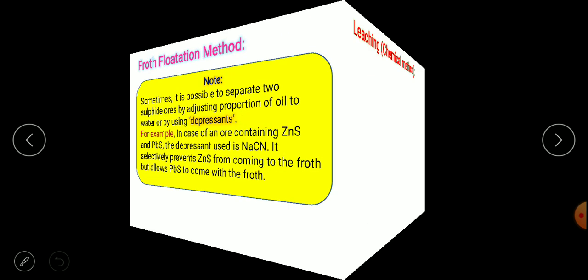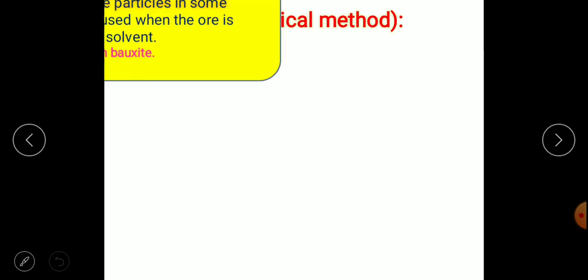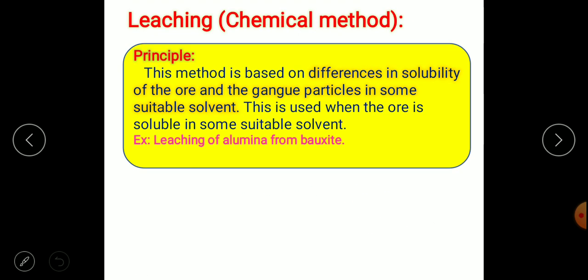The last method under concentration of ore is the chemical method, or you can call it leaching. This method is based on the differences in solubility of the ore and the gangue particles in a suitable solvent. Here we are going to use a suitable solvent, an organic solvent. This is used when the ore is soluble in some suitable solvent.